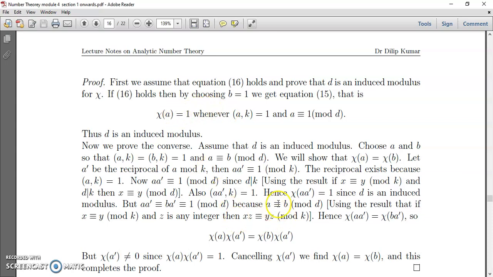So clearly chi of a a prime is 1. Why? Because d is an induced modulus.